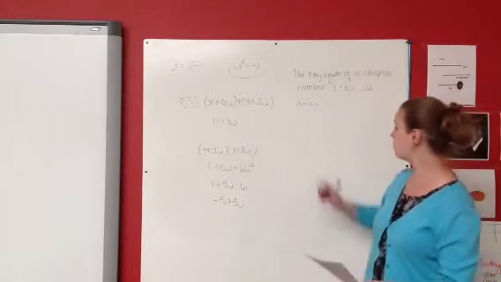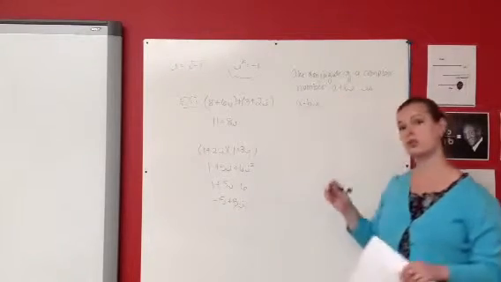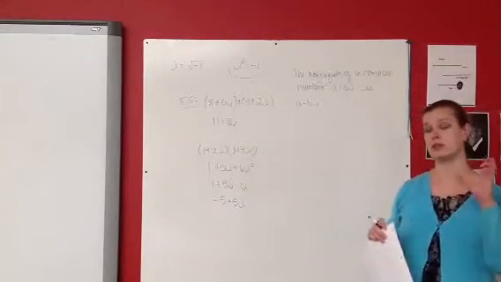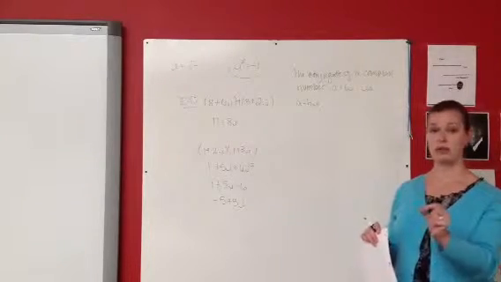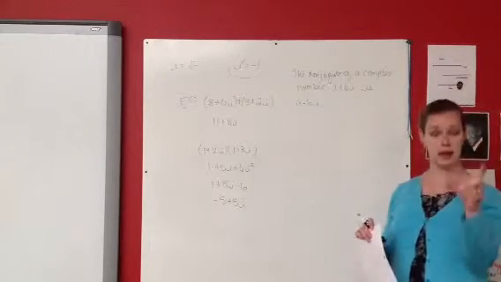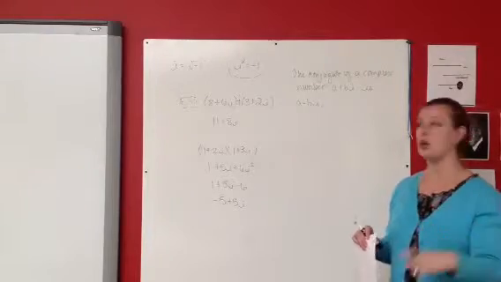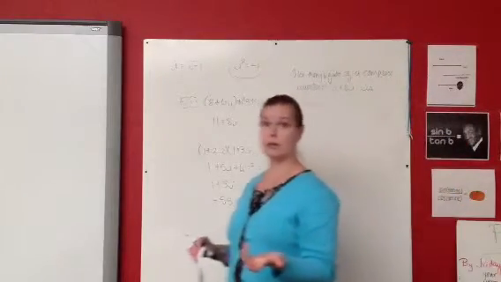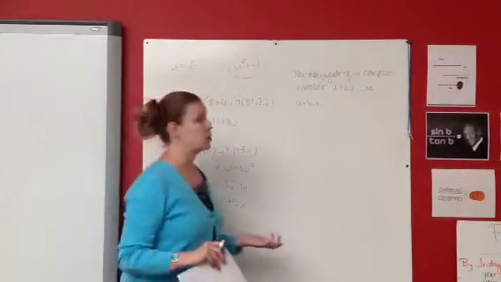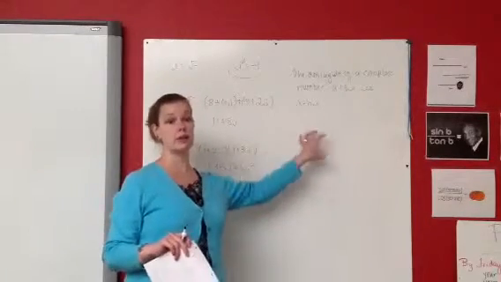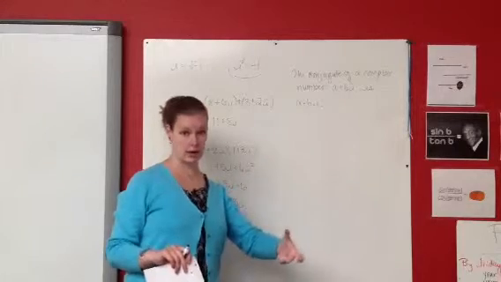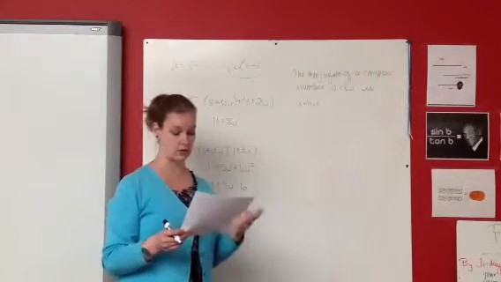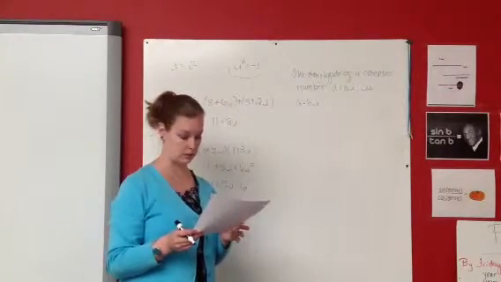And keeping with what is standard, you often don't leave imaginary numbers in the denominator of rational expressions. You often want to make sure that the denominators are real numbers. So if you have a complex number in the denominator of a rational fraction, the way to get rid of it is to multiply the numerator and denominator by the conjugate of the denominator. And that's sort of a mouthful, so let me try and find an example here to show you.